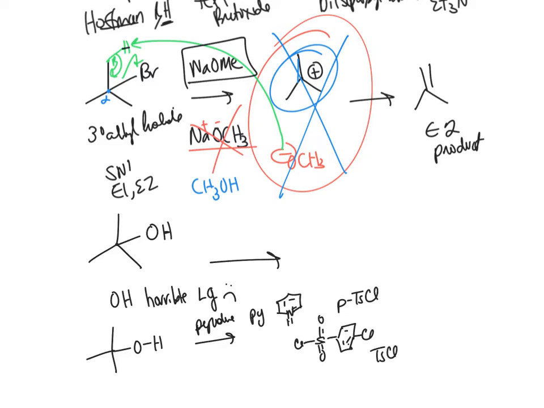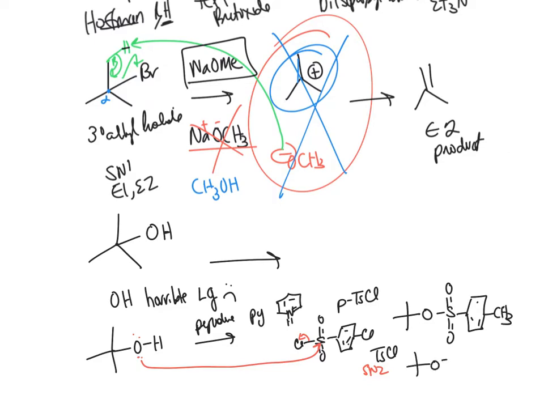And so what happens here is your OH here goes, and this leaves. It's kind of like an SN2. I'm going to say like SN2. And that's how you make the tosylate. And you don't have to draw this all out like this. You've probably seen it like this.